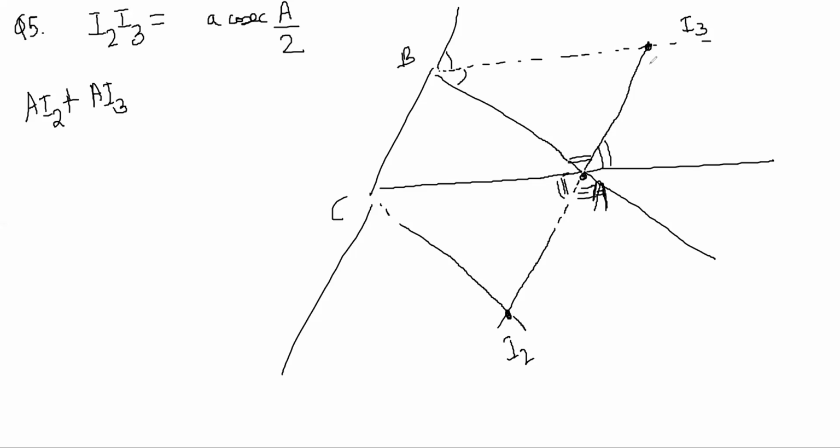What is that distance? AI2 or AI3, any one you get, you get the other. That is not so hard because this is R2, right?